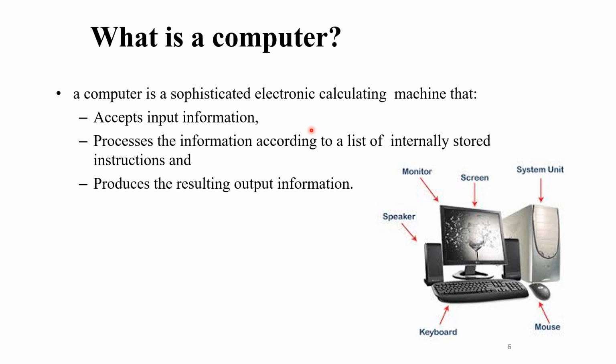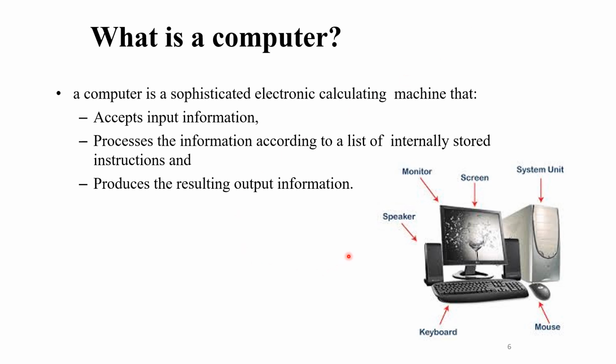The input can come from keyboards, mice, or other input devices. Once the input is received, the computer processes this information according to a set of internally stored instructions known as software. These instructions guide the computer on how to manipulate the input data.